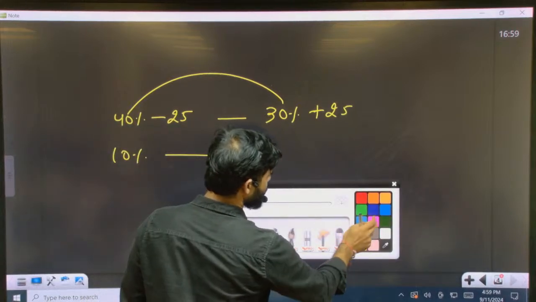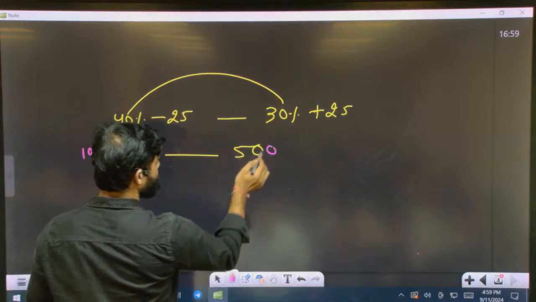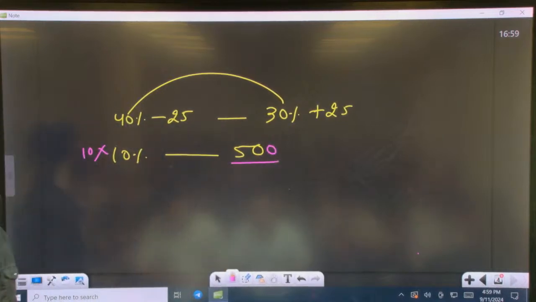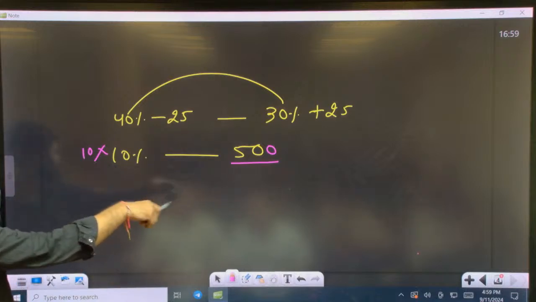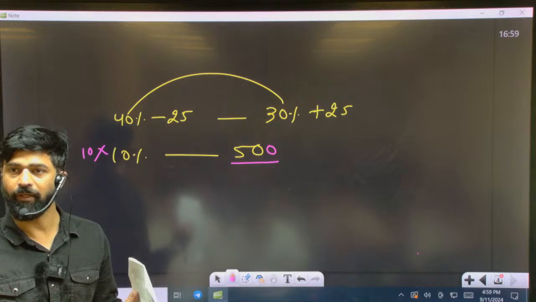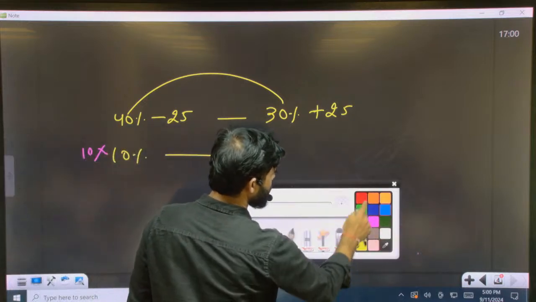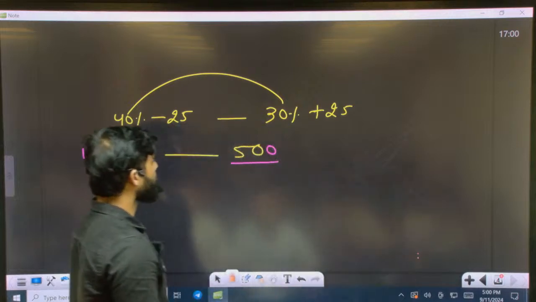Multiply by 10 on both sides, so the maximum marks are 500. Any problem in this? But you can do it like 10% value equals this, then 1%, and then 100%. The traditional approach. Okay. Now let's move to the next question. The question was pass marks.